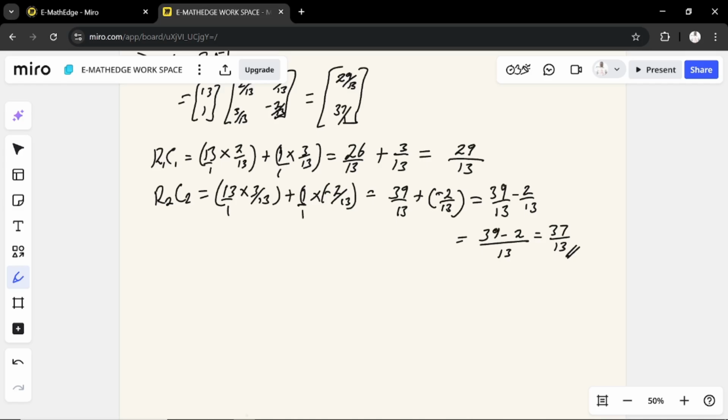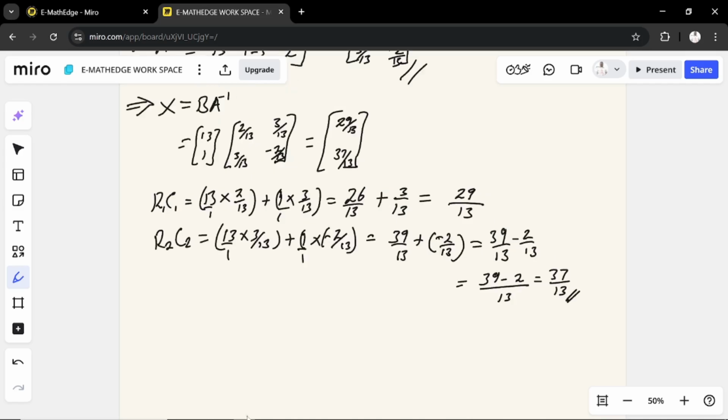37 all over 13. So this implies that matrix X, which we initially have it to be the variables X and Y, is now equal to 29 all over 13 and 37 all over 13.